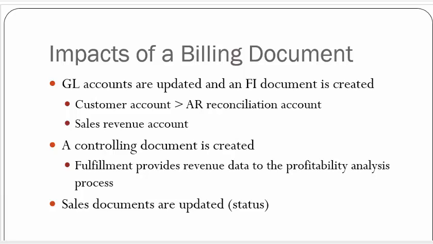Remember, control, as we said, is not about recording the transaction. It's about looking at the expenses and the profits per department, per division, and so on. And again, the sales order, when you run billing, you get an accounting status shown in the status of the sales order.